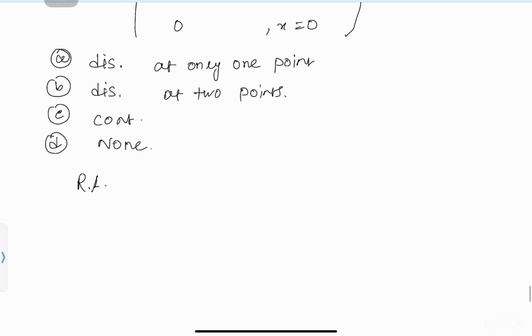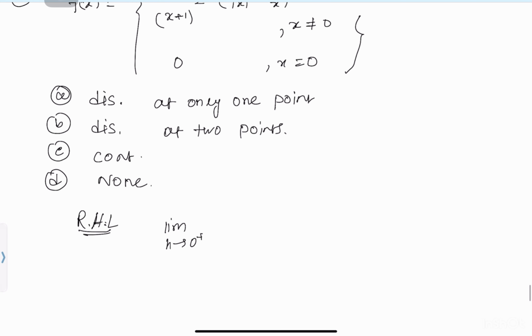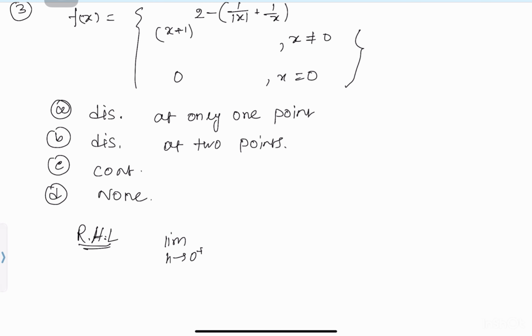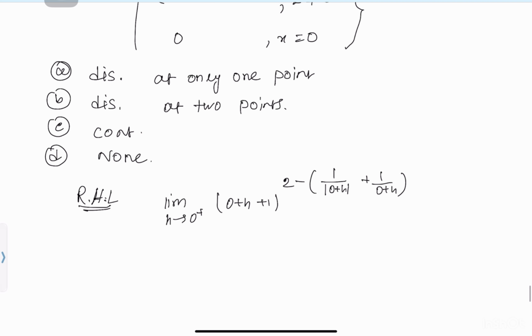First, the right hand limit at x equal to 0: limit h tending to 0 positive, f of x. Positive means not exactly 0, so in place of x we put 0 plus h: (0 plus h plus 1) whole to the power 2 minus 1 by modulus of (0 plus h plus 1) by (0 plus h). Am I right? This is correct.